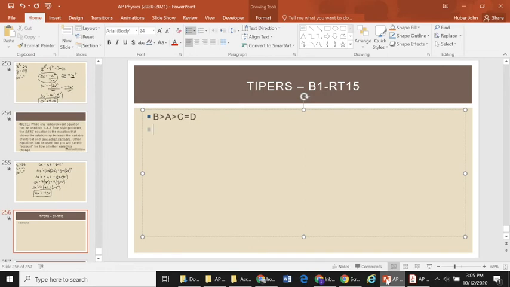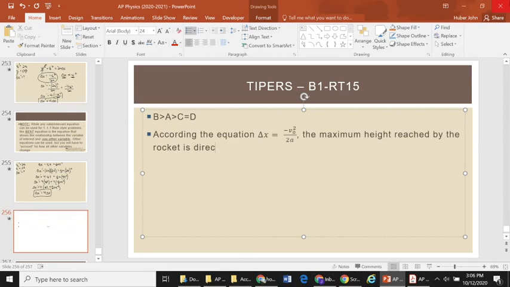And what you would say about that is pretty straightforward. You would say here, according to the equation, delta x equals negative v naught squared over 2a, the maximum height reached by the rocket is directly proportional to the square of the initial velocity.